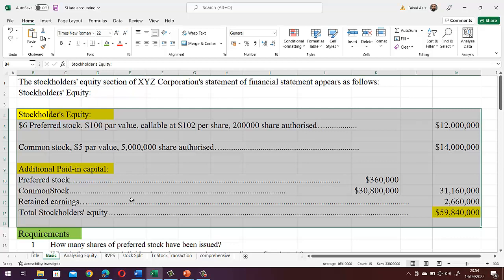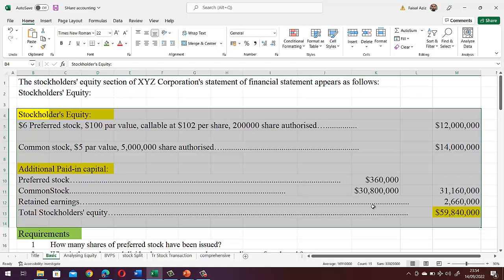If you add the additional paid in capital amounts together, the extra amount the company has received after selling preferred and common stock gives us 31.16 million.